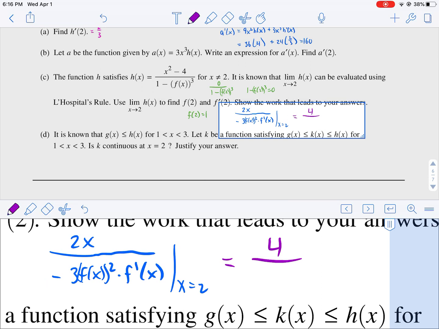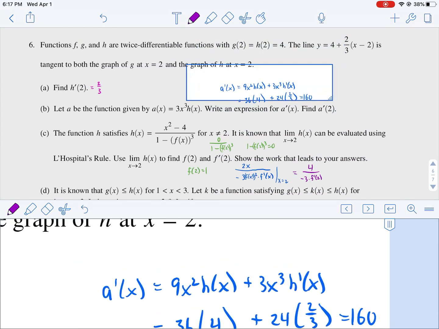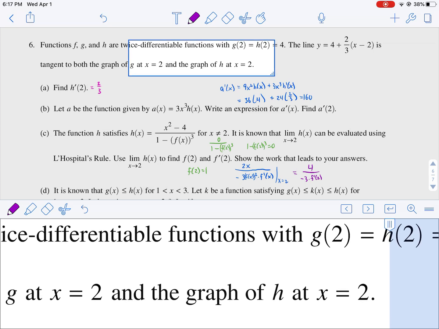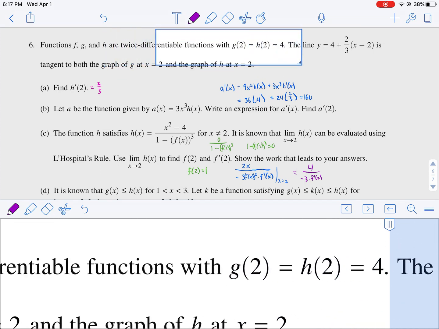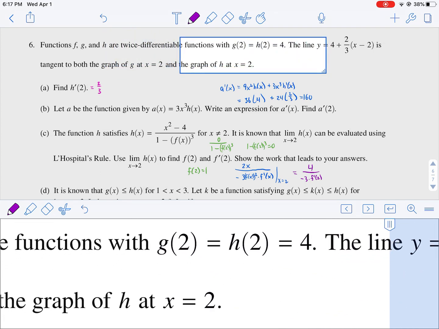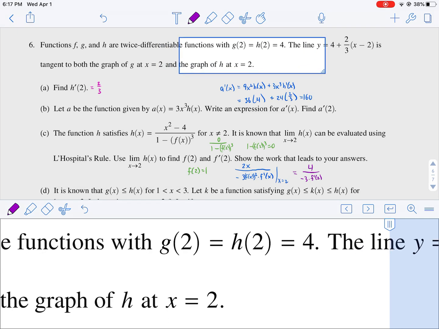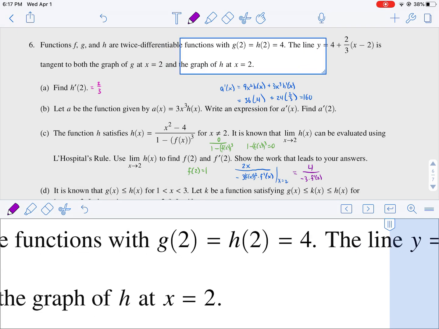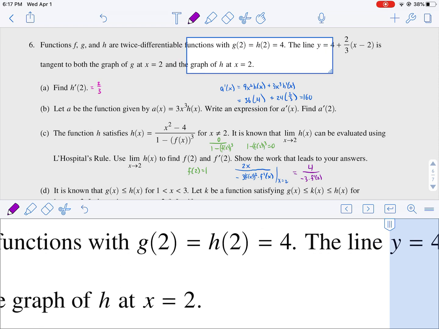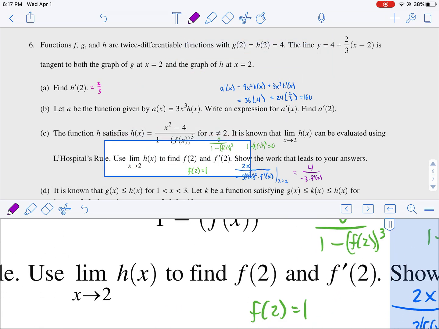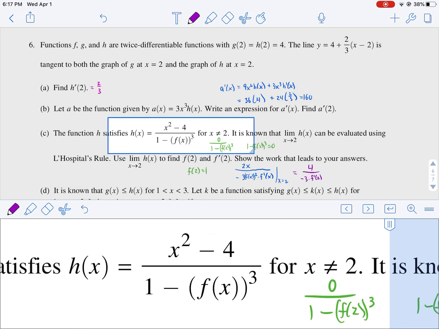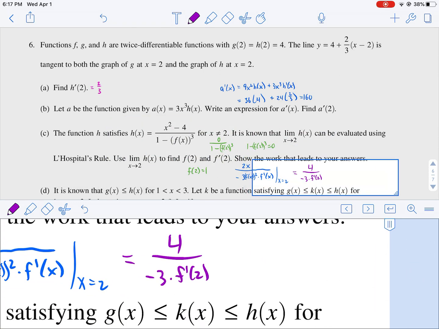Okay, so you get negative 3 times 1 times f prime of 2. F prime of 2 is what we're trying to find. But since these are both differentiable functions, then we know they're continuous. And since both of those values equal 4, then the limit as x goes to 2 must also equal 4.